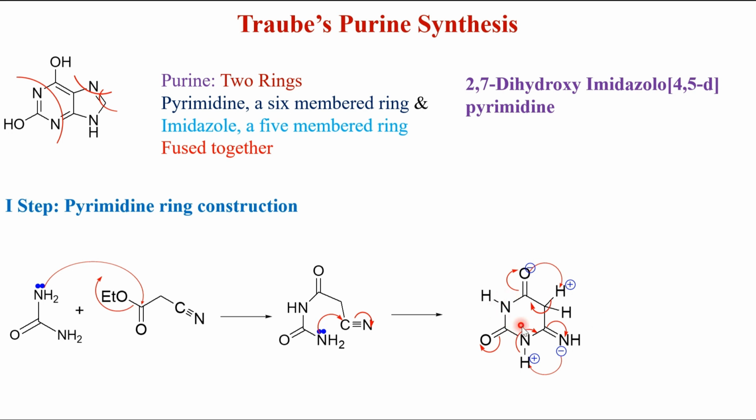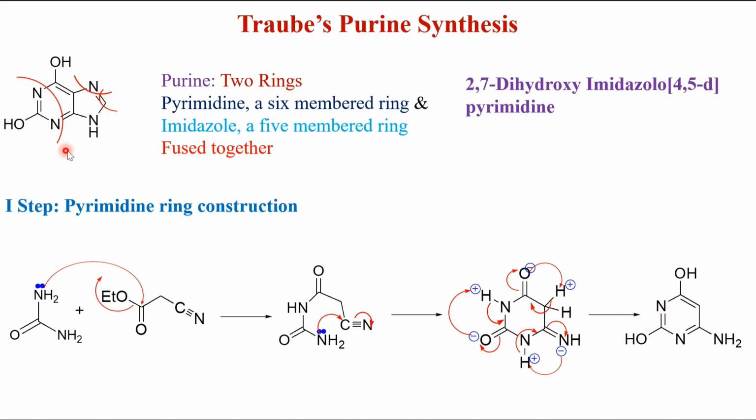The bond between the nitrogen and hydrogen breaks, and the pi electrons move onto the oxygen, which combines with H plus. The shifting of electrons occurs, and I got the pyrimidine ring structure with an amino group and two OH groups attached.